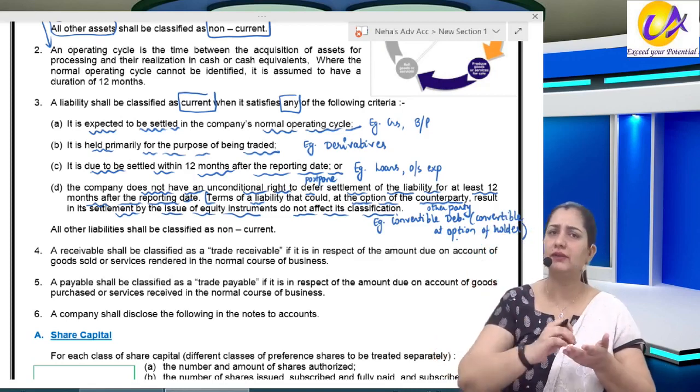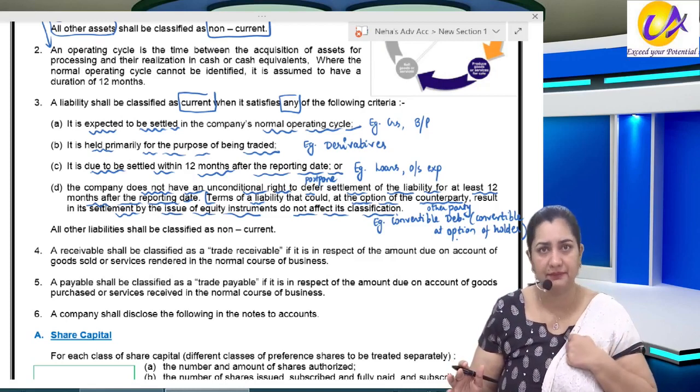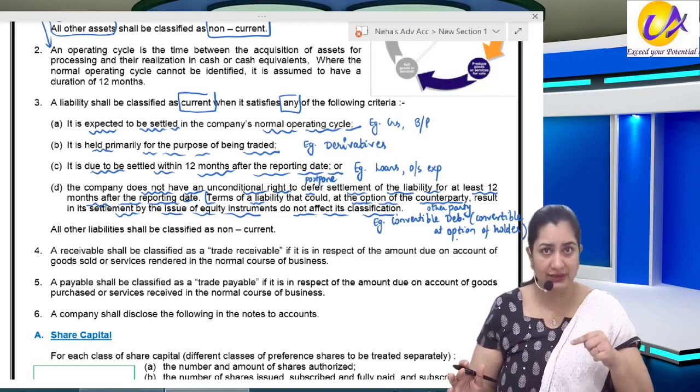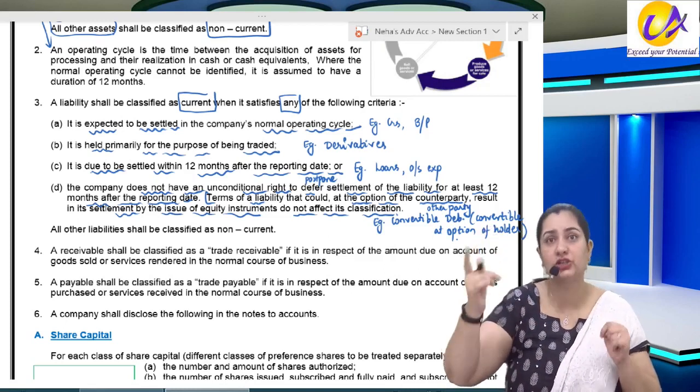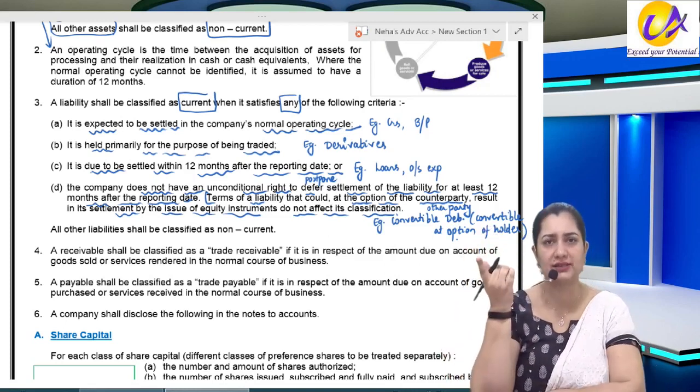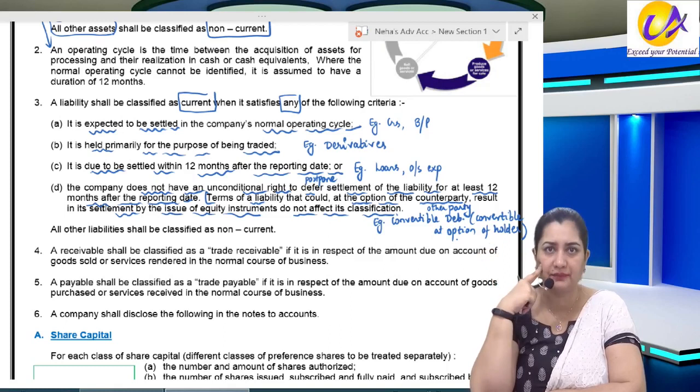If we don't want to convert it, we will give you cash. This is at the option of the company. And second is if it is at the option of the debenture holder. The debenture holder has the choice whether they want to convert to shares or they want cash. This is the thing. So now the question comes, where and how should the company show it?